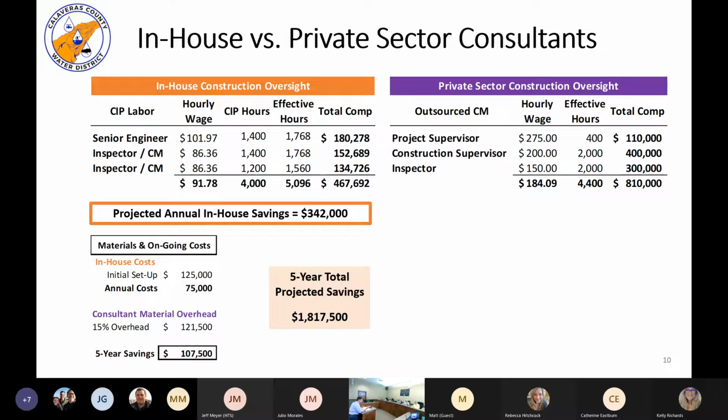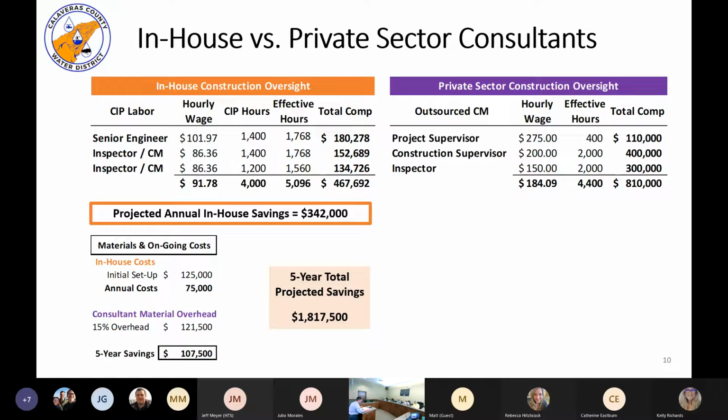For comparison purposes only, we wanted to show how it would work if we went all in-house, 1 senior engineer and 2 inspectors, versus 2 full-time consultants. And the reason there's 2 versus 3 is, again, we recognize that some of those costs are going to be reimbursed by the development. So we're trying to show an apples to apples total hours spent on capital.